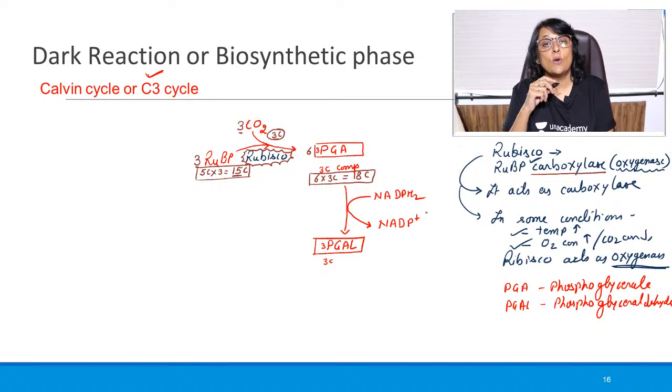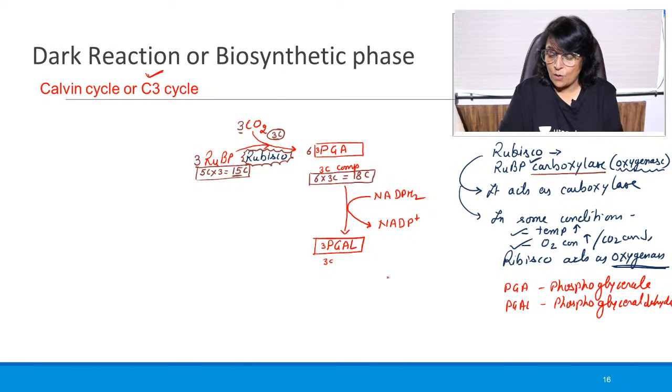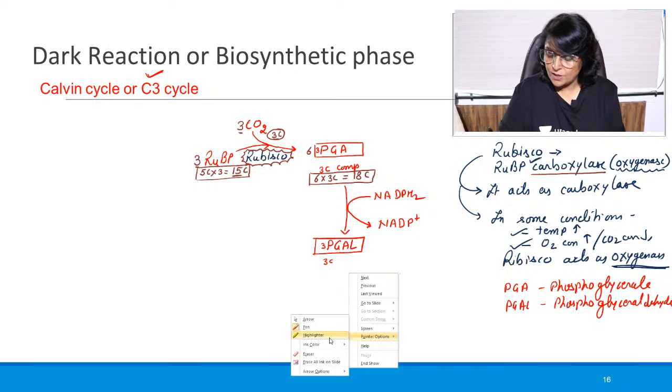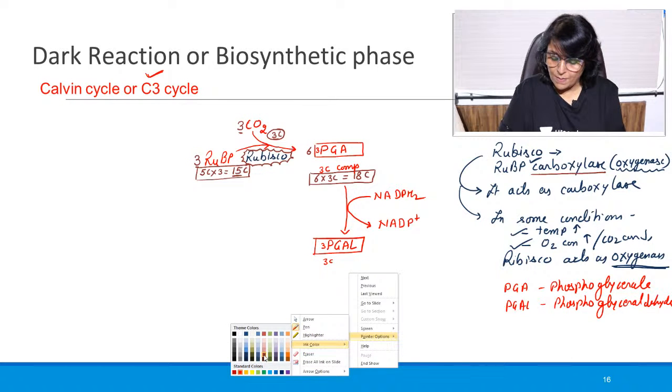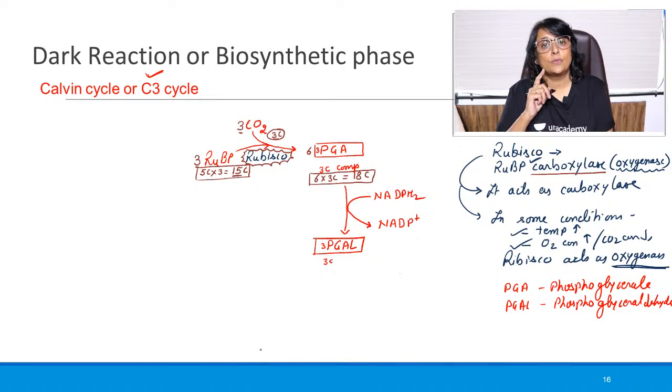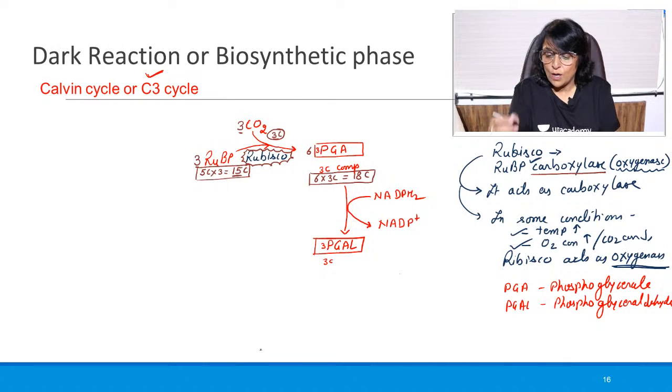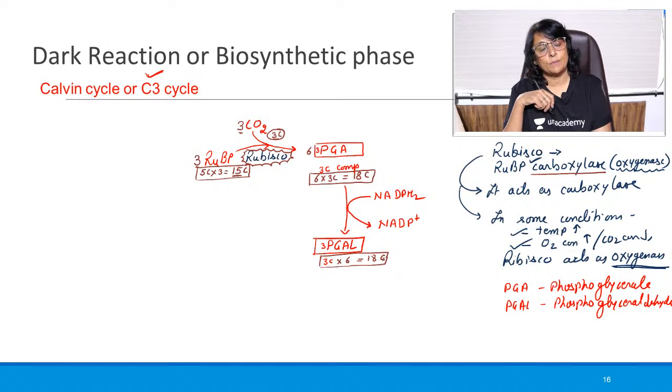Okay, so second step is done. Let us keep a track of these carbon numbers. 3-PGAL aldehyde is synthesized, which is again a 3-carbon compound. So 6 molecules of this, and again we have 18 carbons, so we are still maintaining that carbon number.